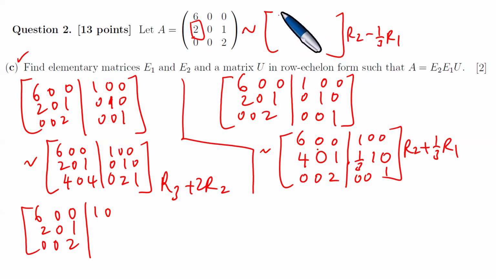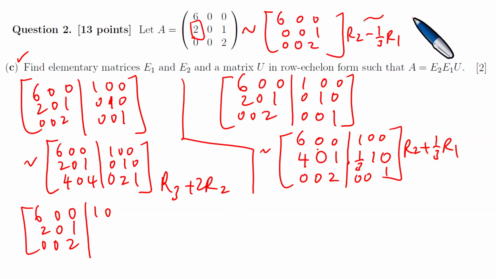So if you have 6, 0, 0, and then you have 0, 0, 1, and then this one is going to be 0, 0, 2. Because this is a multiple of that, you need to subtract.